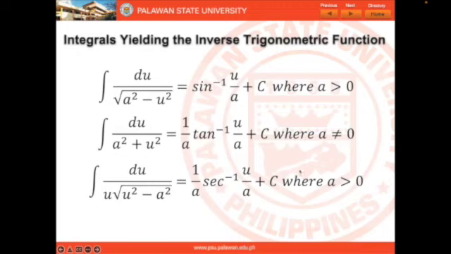That's a different story. The last one is the derivative of u all over u times the square root of u squared minus a squared. That would just be equal to 1 over a arcsecant of u over a plus c, where a is still greater than 0.